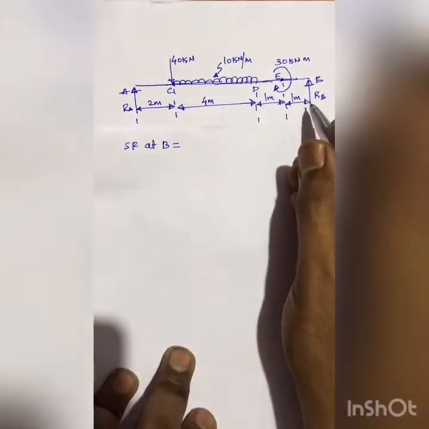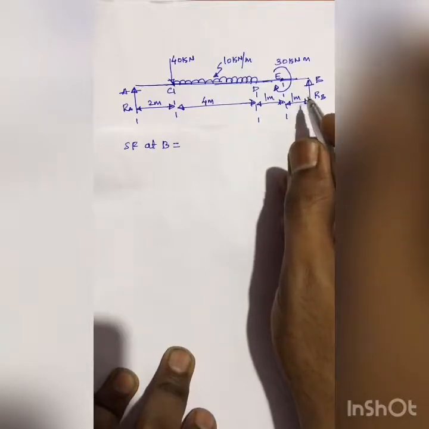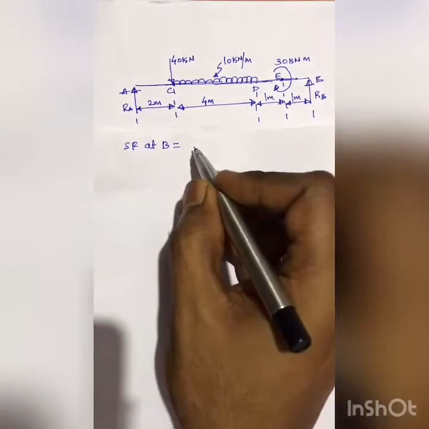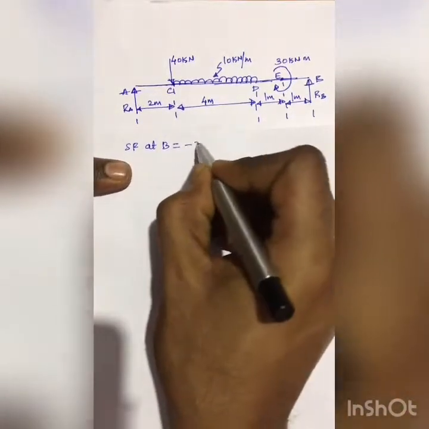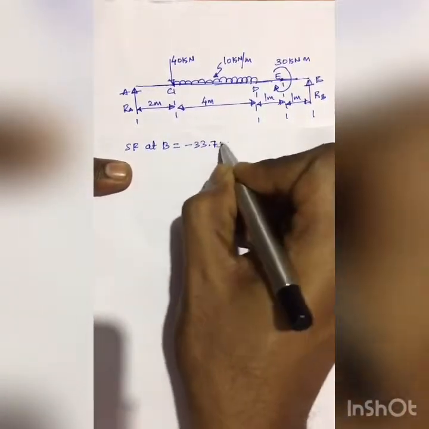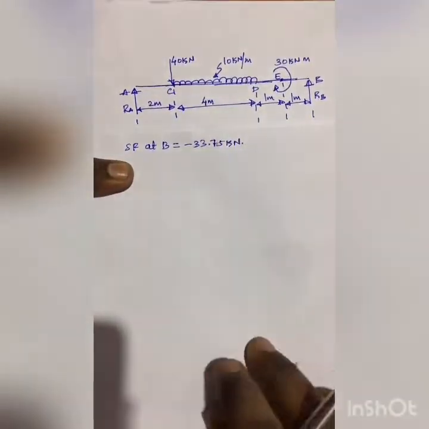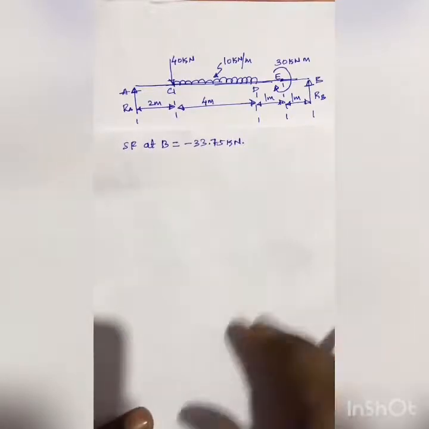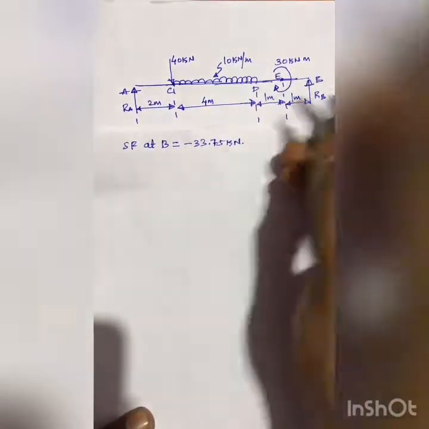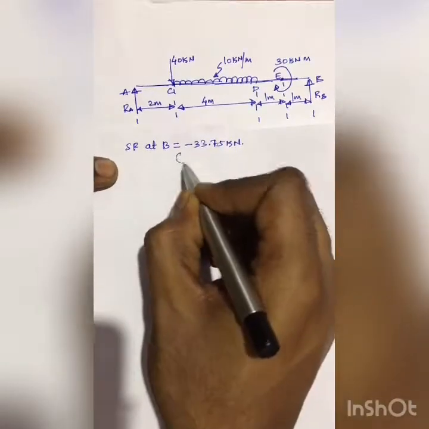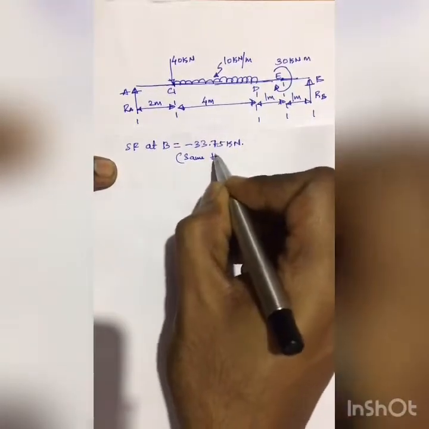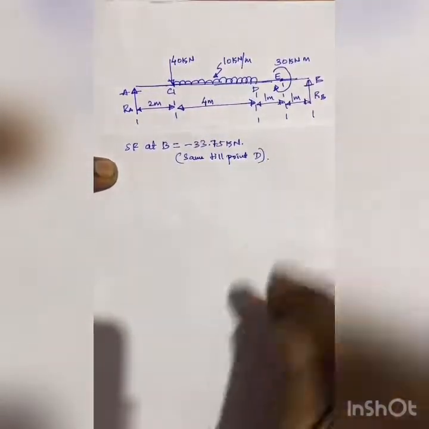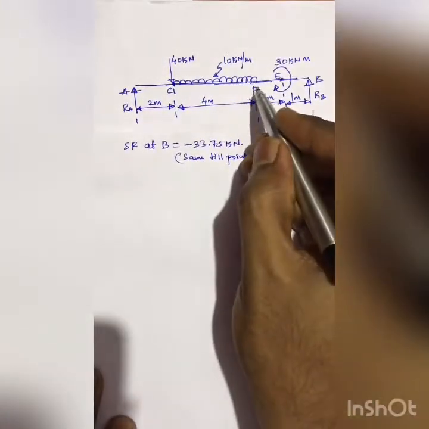Since it's at the right side and it is acting upwards, that shear force is negative, and hence I'll take this as minus 33.75 kilonewton. SF at B is minus 33.75 kilonewton, and this remains the same till point D. Now what will happen at point D?